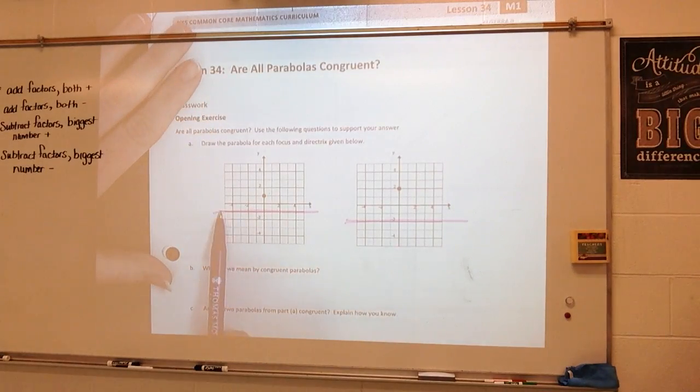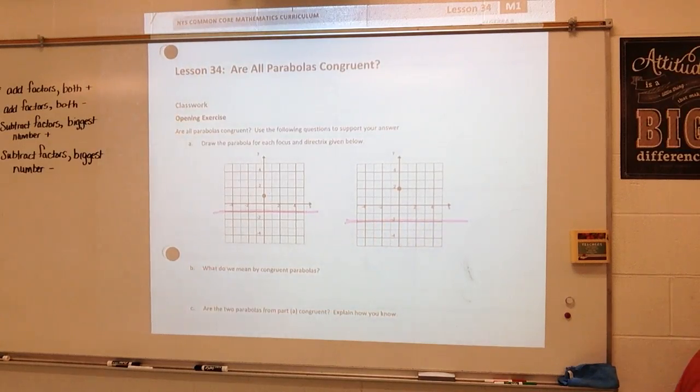The directrix here is y is equal to -1, and the directrix on this one is y is equal to -2. If you remember in the last lesson, we learned that the distance between a point on the parabola and the focus point is equal to the distance between that point and the directrix.